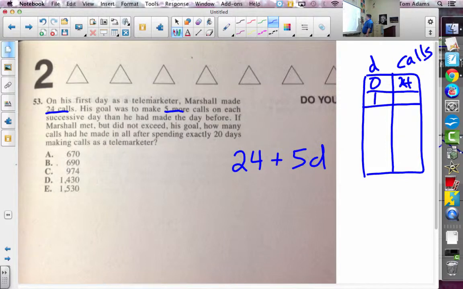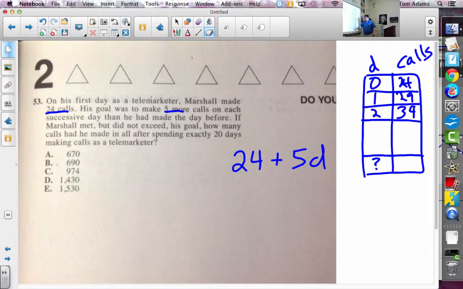On day 1, how many would he have made? 29. On day 2, he would have made 5 more than that, which would have been 34. And what we want to do is figure out how many calls he will make on day 20.